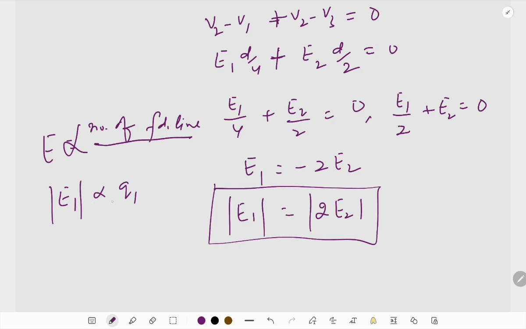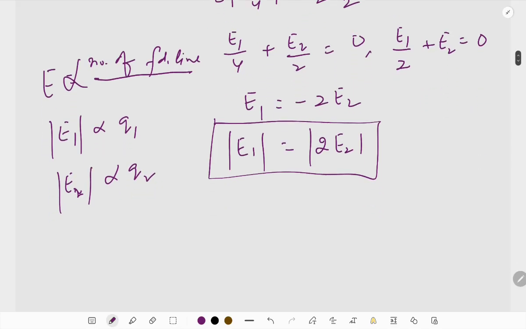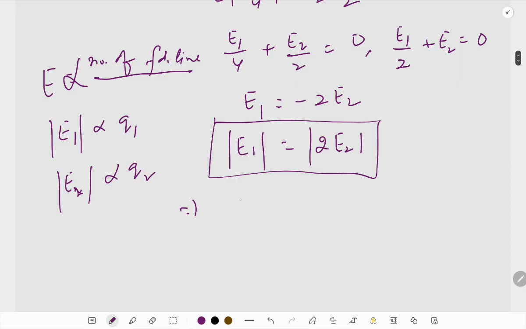I'm discussing their magnitudes, absolute values, and E2 will be proportional to charge Q2. Taking into consideration these proportionalities, you can write here Q1 is equal to 2Q2.